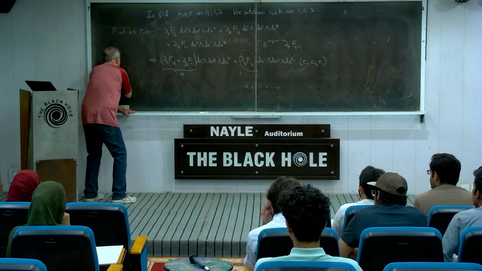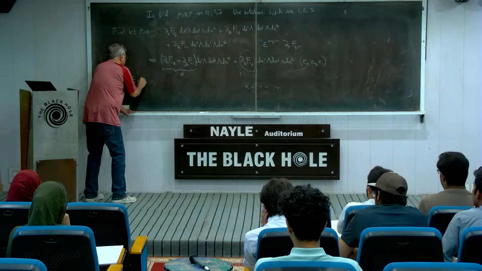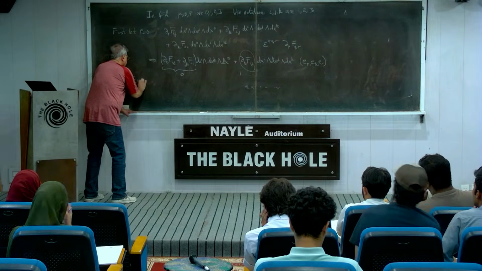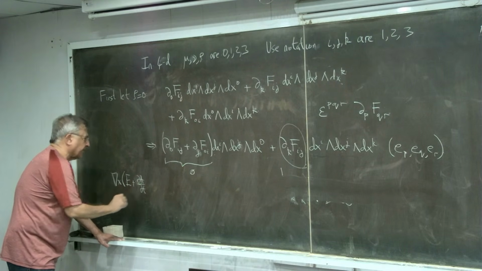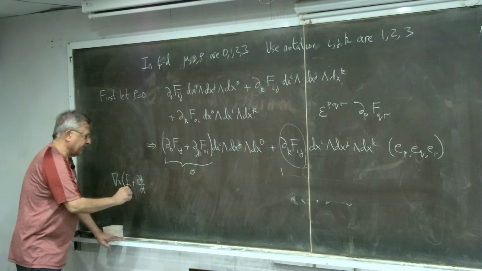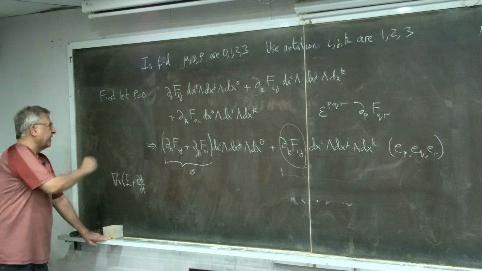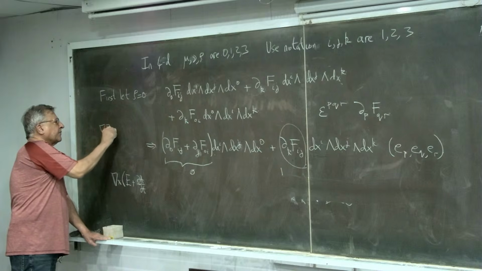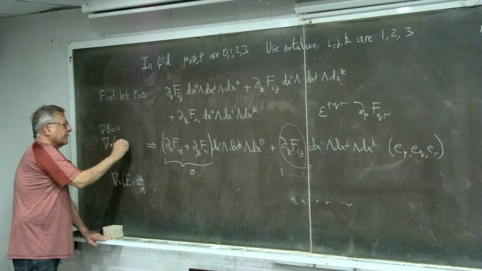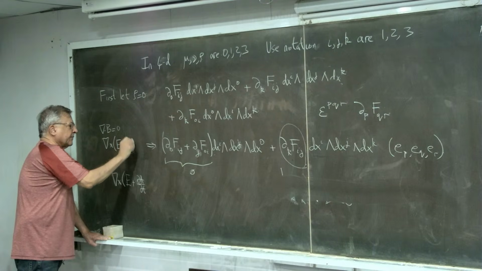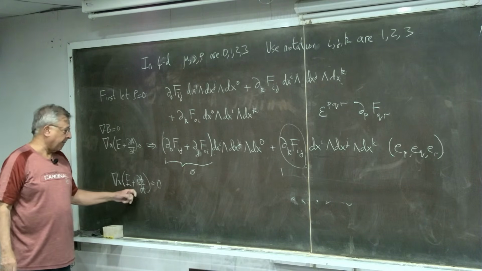So curl of, no. See, it was one of these was divergence of B equals 0, and the other was curl of E plus, and now let's see if we can recognize this.